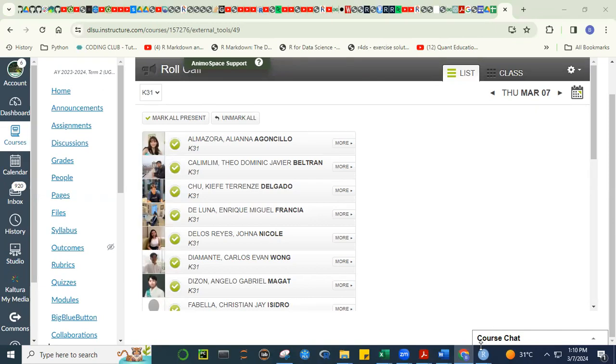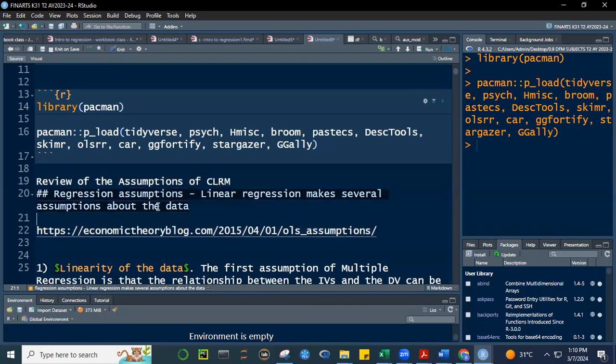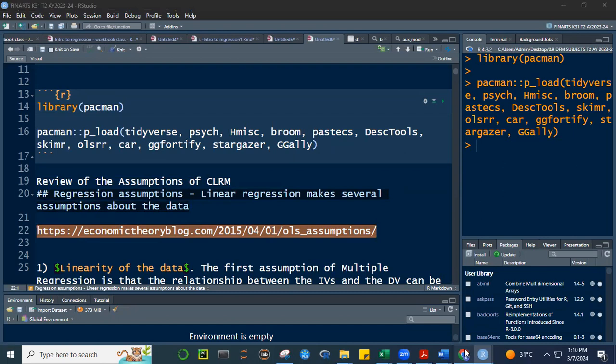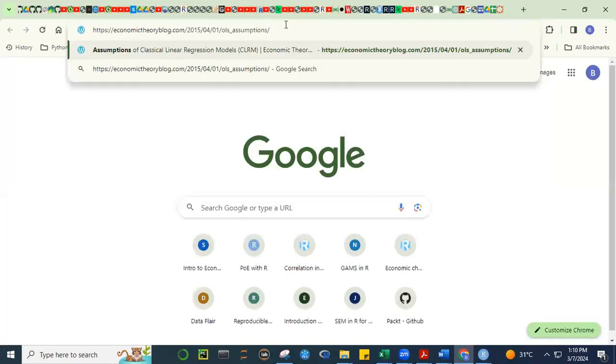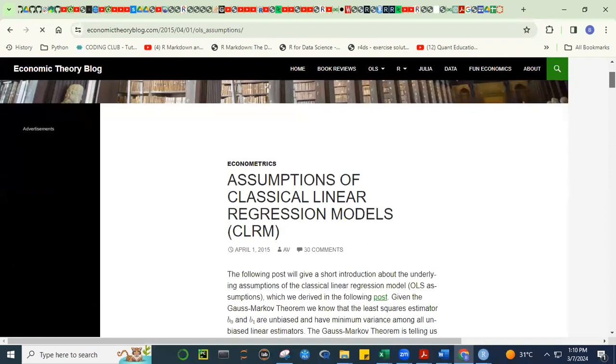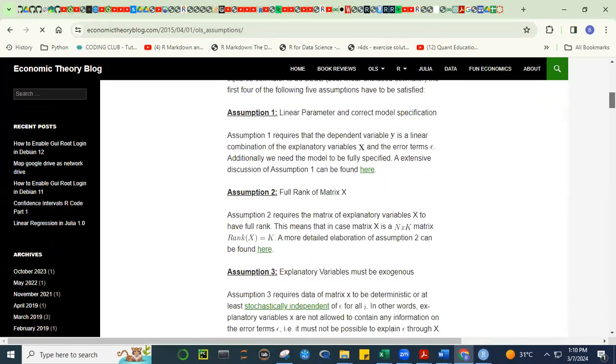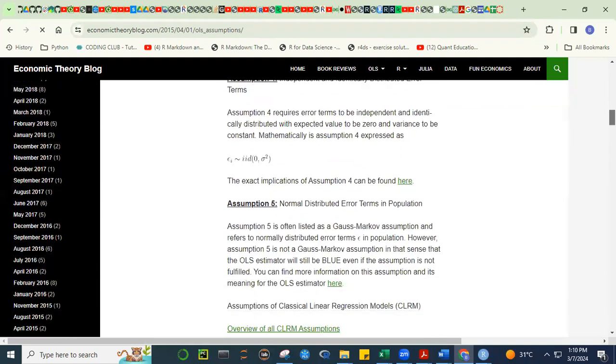Okay, let's have a quick review of the assumptions of classical linear regression. Let me open this. And in your case, kindly open this too. So we have here an economic theory blog. Although it's a bit mathematical, it's okay.